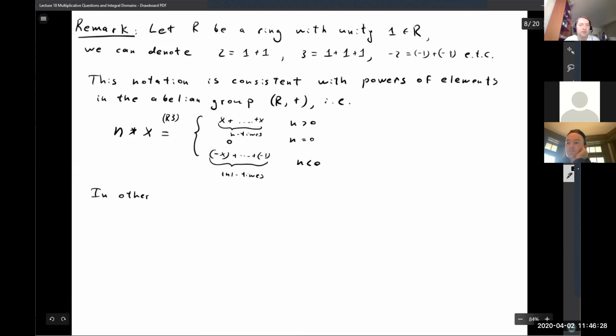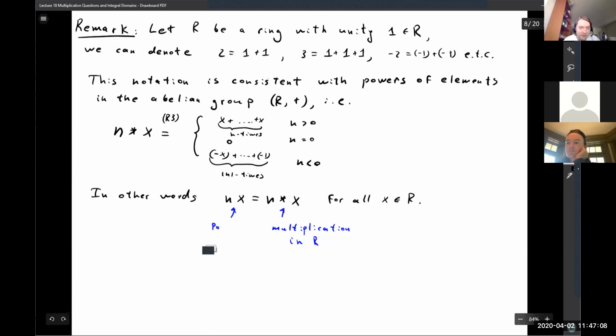So in other words, nx equals n multiplied by x for all x in R. Just to bring your attention to the fact that in this last formula, this is multiplication in R, and this is the nth power of x in the abelian group R with the binary operation plus.